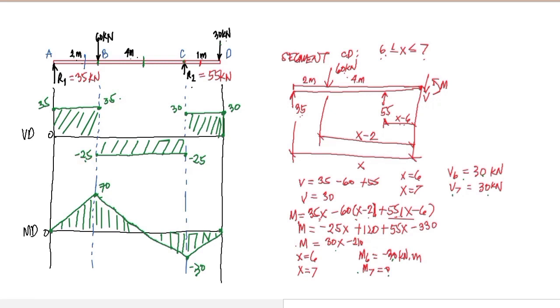So pag tinanong tayo ng maximum na positive moment, the answer is 70 kN-m, and the maximum negative moment, that's negative 30 kN-m. And of course, para ma-determine din natin kung nasaan yung location ng maximum moment natin, nasaan yung mga zero shear natin, doon natin makikita yung maximum moment.